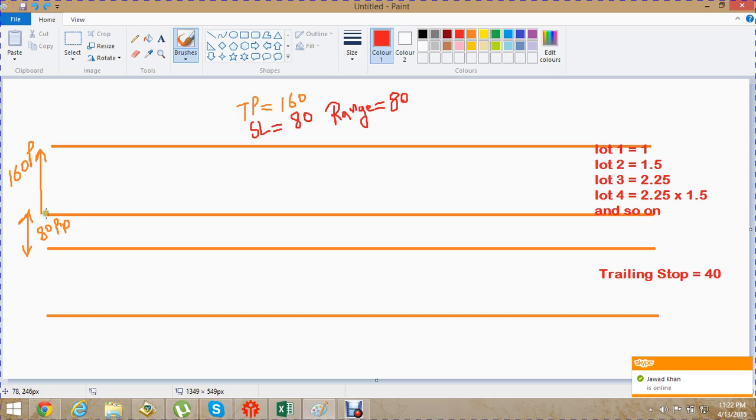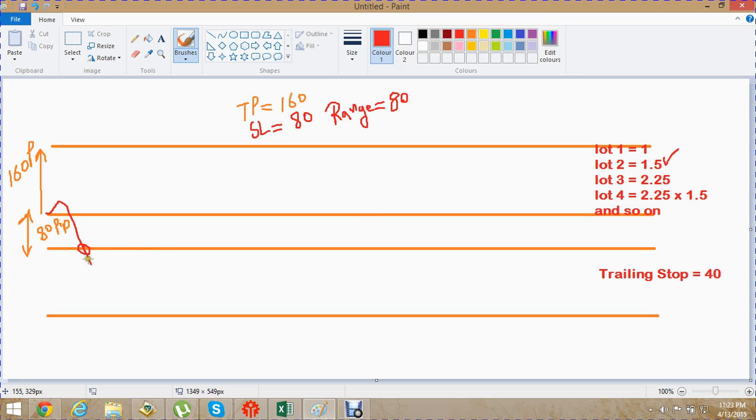But let's say you placed a buy trade here, and indicators told you the market will go high, but the market didn't go up, it started going down, and as soon as it reaches the point where your trade hits its SL value, you will place another trade, and this time you will place a sell trade with 1.5 lots.